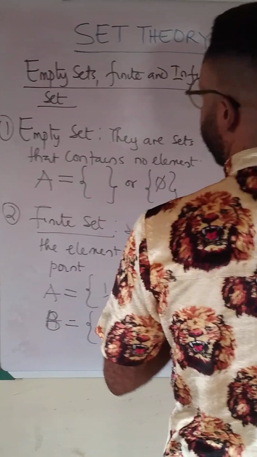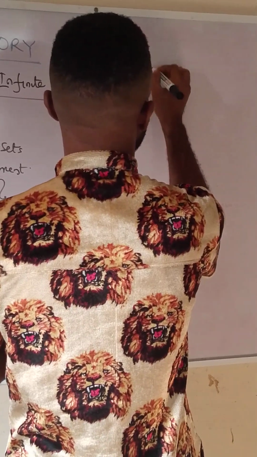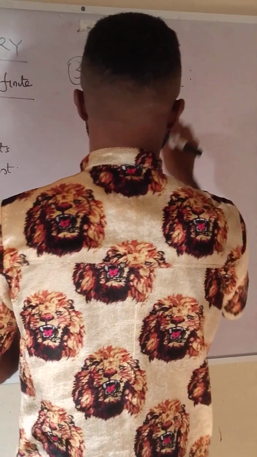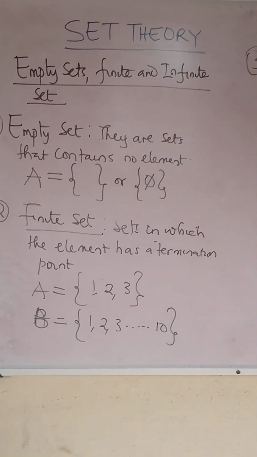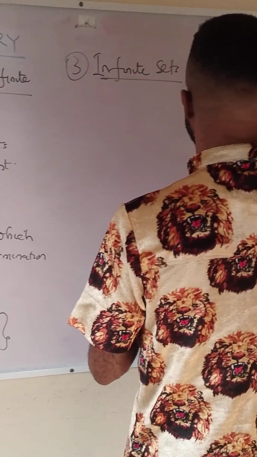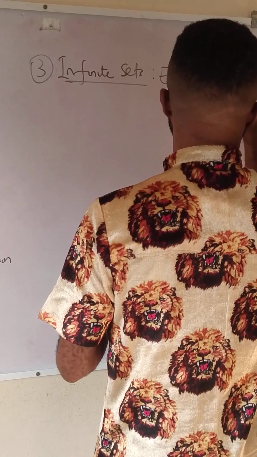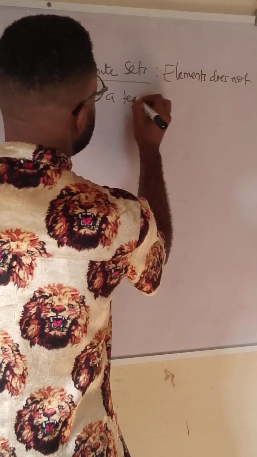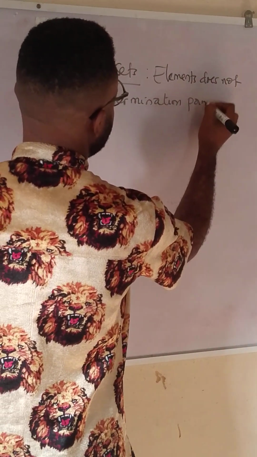Okay, let's look at an infinite set. This one is simply a kind of set that is the opposite of a finite set, in which the element does not have a termination point.